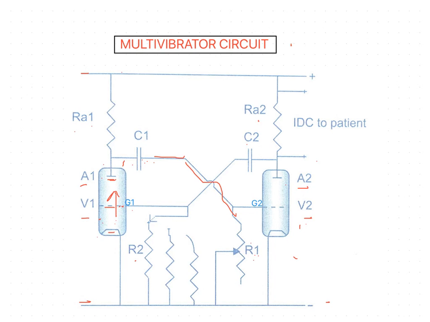Now we will move on to the working of this multi-vibrator circuit. When the current is first switched on, it passes equally across both valves. But a circuit of this type is very sensitive to interference from outside sources, and almost immediately some electron disturbance causes a variation in the intensity of the current across one of the valves.